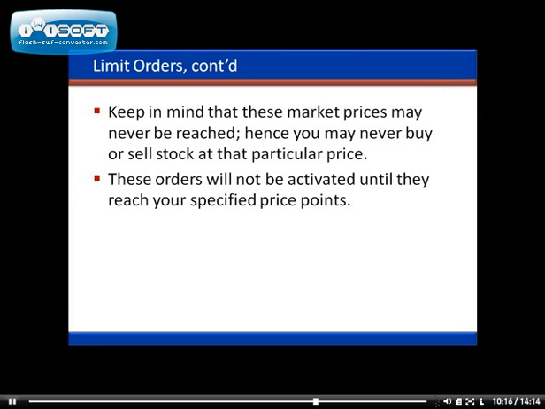Sometimes you may not reach an agreement, and you may not sell your stock. You may have to hold on to your stock and sell it another day. These orders will not be activated until they reach specified price points. So if they do not reach the limit that you set, the stock will not be sold or bought.